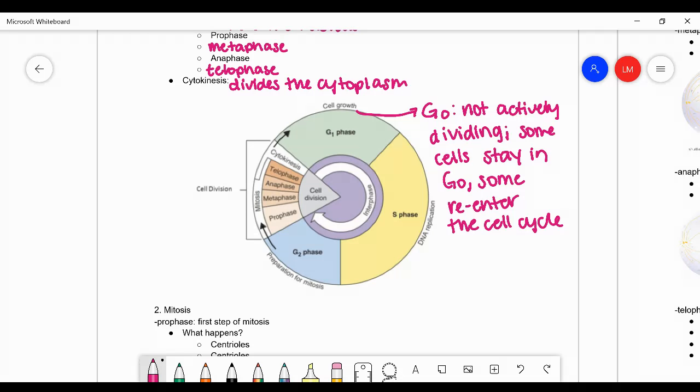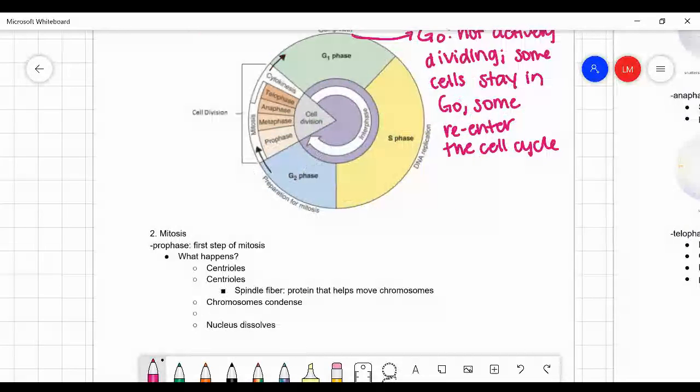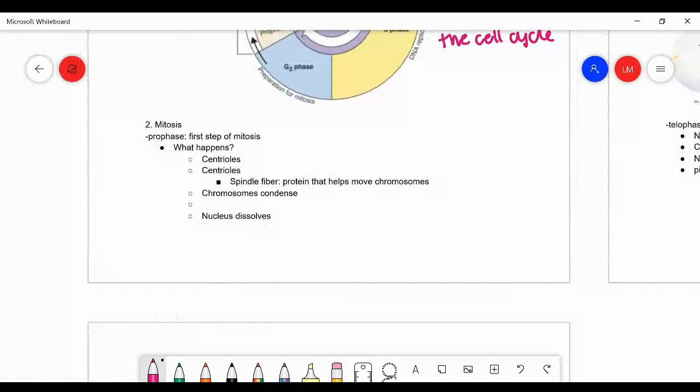Next, we're going to look at the particulars of mitosis. So the first step of mitosis is called prophase, and a lot happens during this time. First, the centrioles divide and move to opposite ends of the cell.